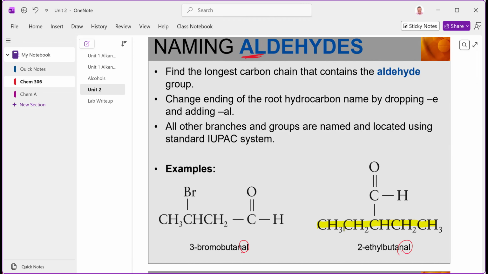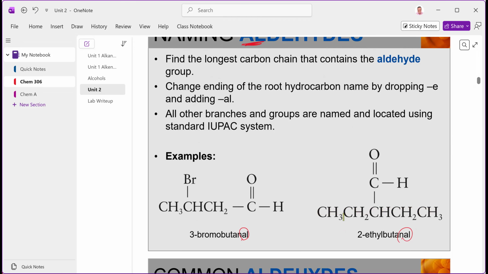That's right, it goes up. That's the backbone. The backbone has to, no exceptions, include the functional group. The first time I drew the straight line across, that aldehyde wasn't part of it.